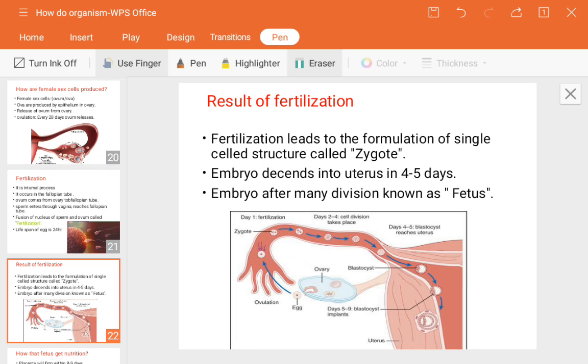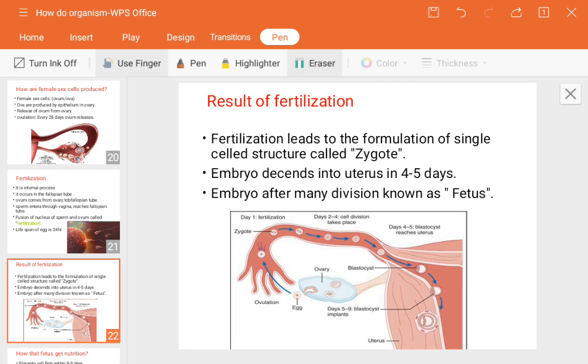After those 4 to 5 days it will become a blastocyst, and later a fetus. All these things you will study in detail in the higher classes. Just for your information, you have to keep these things in mind under the result of fertilization.